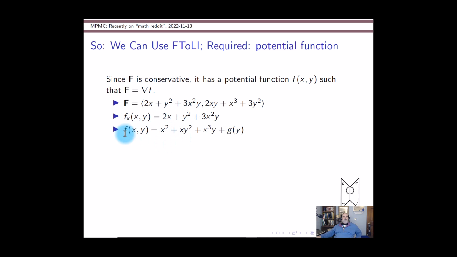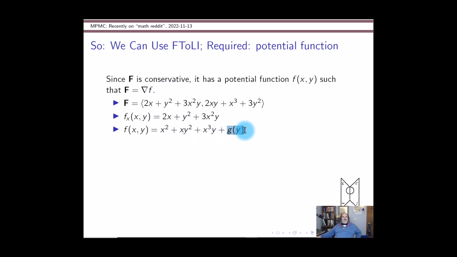And from that, we can immediately determine that at worst, this scalar potential function is going to be x squared plus xy squared plus x cubed y, because remember, each of those individual terms is a derivative with respect to x of a term from the potential function.